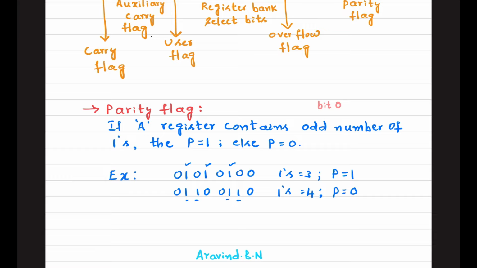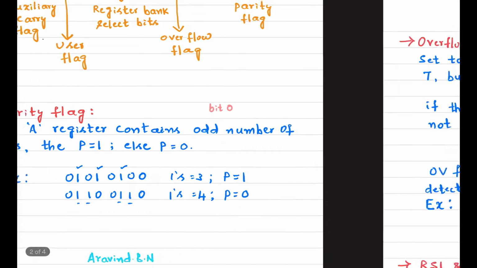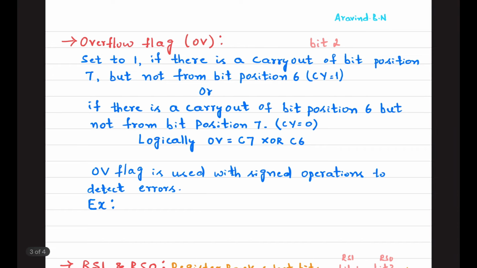Right? So now let us get into the next one. Now the overflow flag. First let us understand when it is going to be set and when it is going to be reset. The overflow flag is set to 1 if there is a carry out from bit position 7 but not from bit position 6.